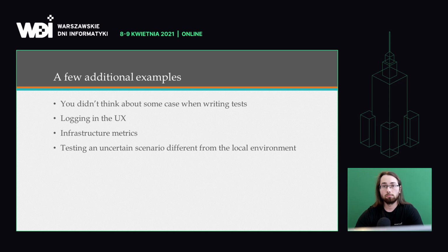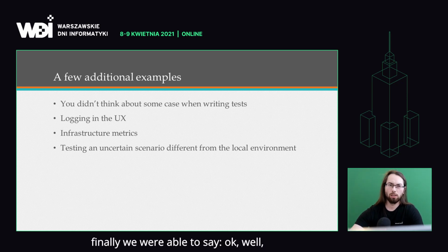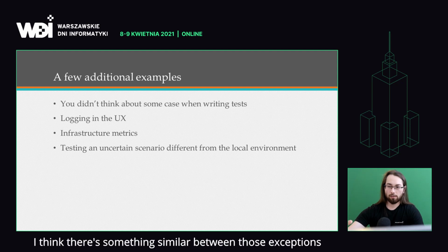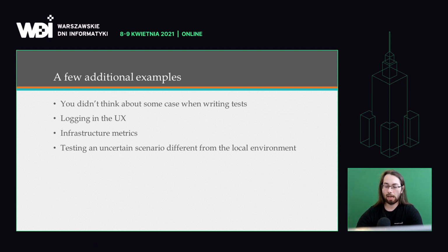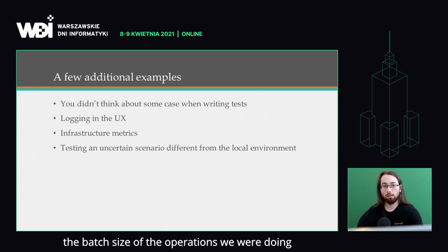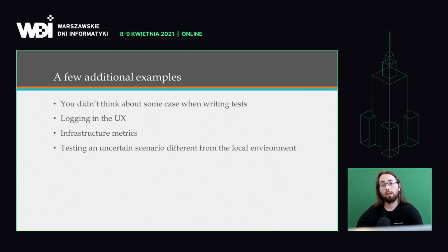But finally, we were able to say, okay, I think there's something similar between those exceptions. I was able to extract the batch size of the operations we were doing from the logs.